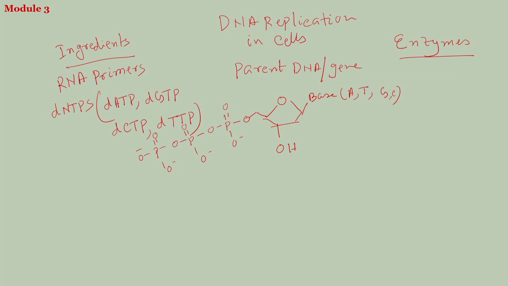Did you need anything else? RNA primers, dNTPs, mostly those ingredients were needed, and you needed a lot of enzymes. The first enzyme that you required was helicase, then you needed single stranded binding protein.